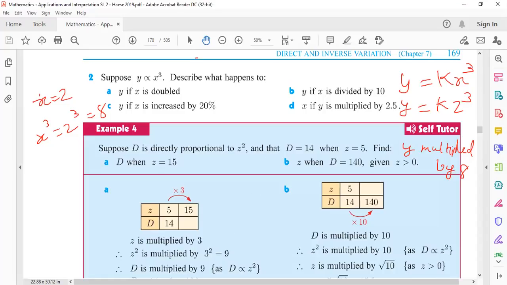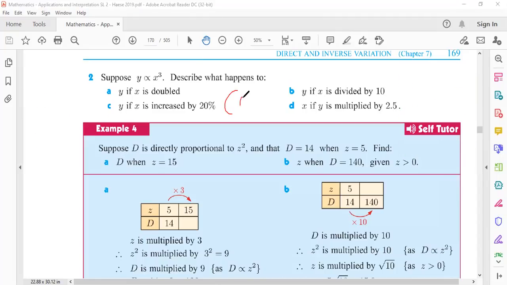No, because here you will use that compound interest formula. 1 plus 20 upon 100, that means 1.2. So that means 1.2 cube. So if x is increased by 20%, what is 1.2 cube?